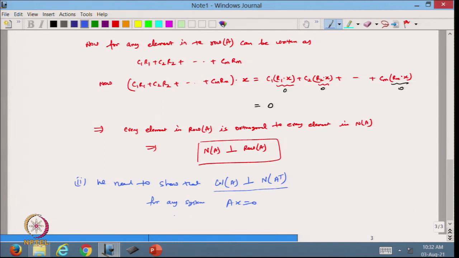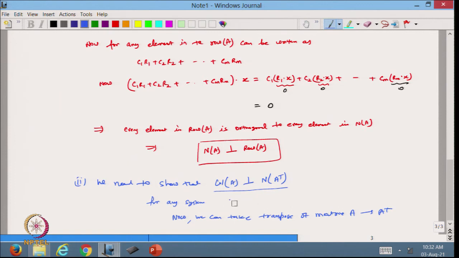Now, we can take the transpose of matrix A. So, that is A transpose.